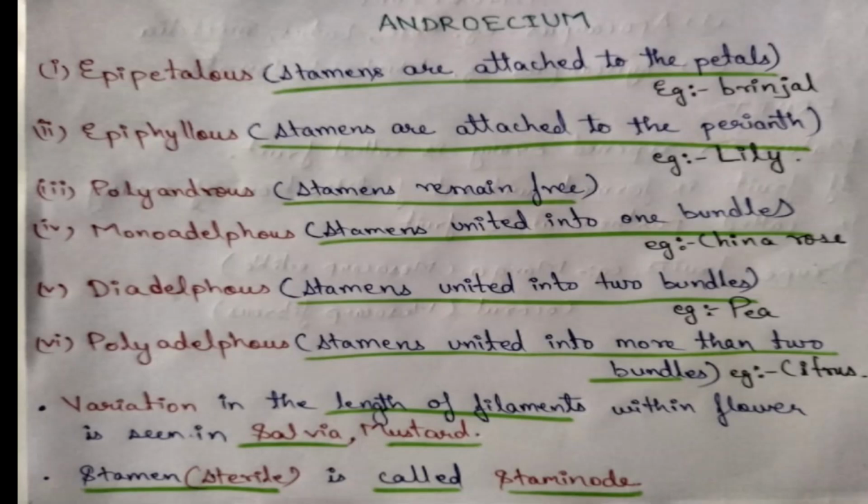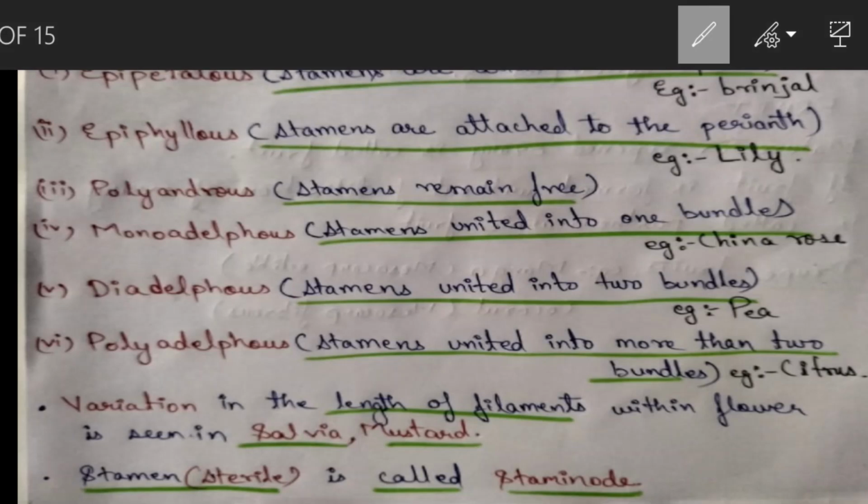Diadelphous, stamens united into two bundles, example is pea. Polyadelphous, it was asked in a previous NEET examination. Polyadelphous, stamens united into more than two bundles, example is citrus. And if there is variation in length of filaments within a flower, it is seen in salvia and mustard.